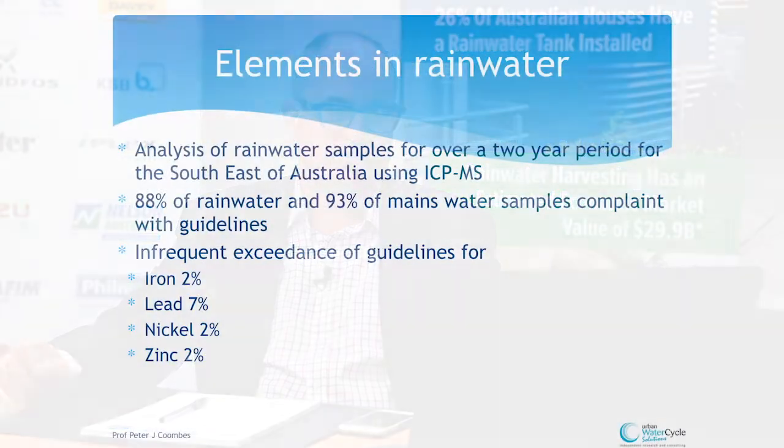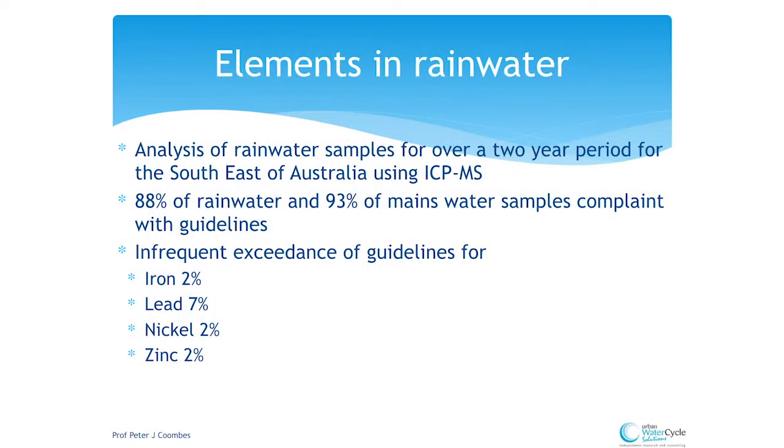We also, in our national surveys from all over the country, looked at elements, meaning metals and physical parameters in rainwater harvesting. We found 88% of rainwater was consistent with drinking water guidelines and 93% of mains water. So not all mains water, not all utility water, and not all rainwater was consistent with the guidelines, but most of it was.